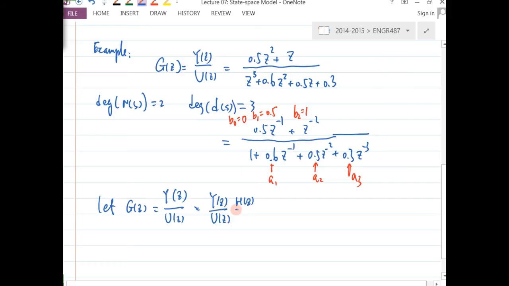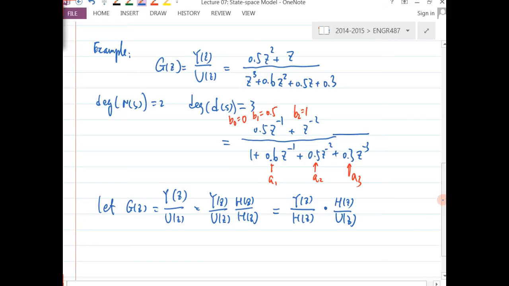Let's call that h of z. So we're not changing anything here. Just introduce an intermediate function, and let's rewrite that slightly. Put h of z over here, and then h of z over u of z.